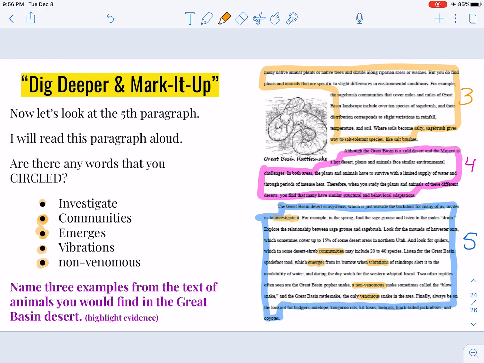In communities, we said, and look for spiders, which in some desert shrub communities. Now, in a community, what we talk about normally, we live in a really cool community of Tremont. Now, we live in a very small part of the community that all comes to North Park Elementary. There are some friends that we have here that came from the community that came from McKinley Elementary.